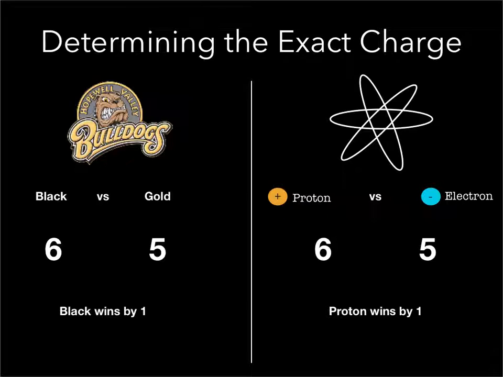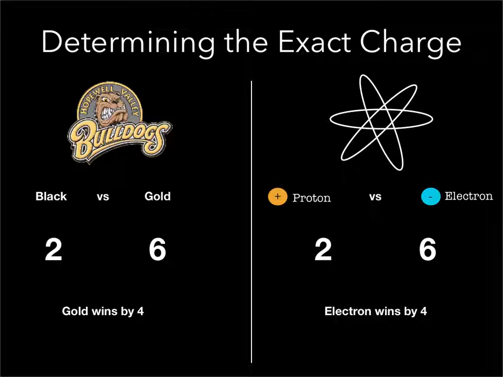Because the protons are winning by 1, the charge of the atom is actually positive 1. It's positive because the protons are positively charged, and in this example, you have 1 more proton than you have electrons. So you can make that assumption that this atom is going to have a positive 1 charge.